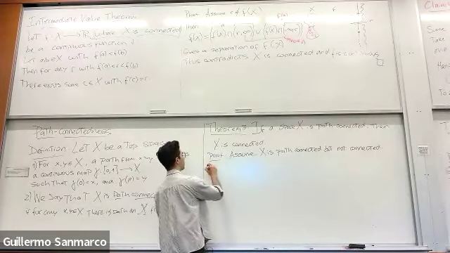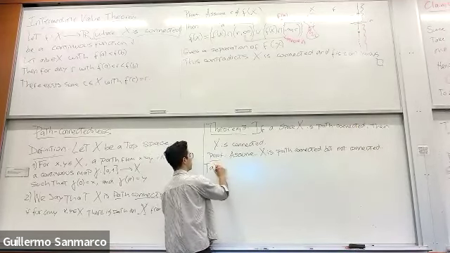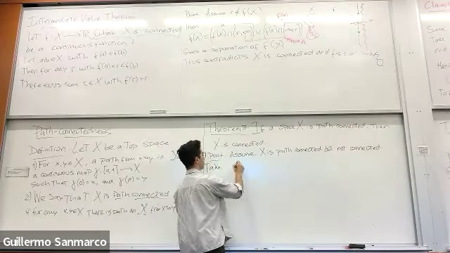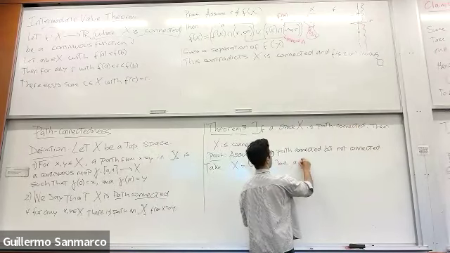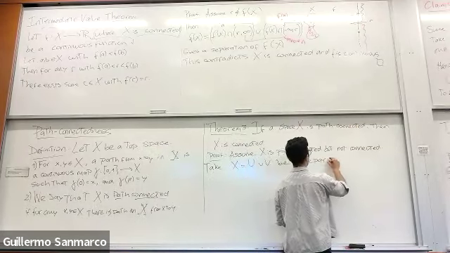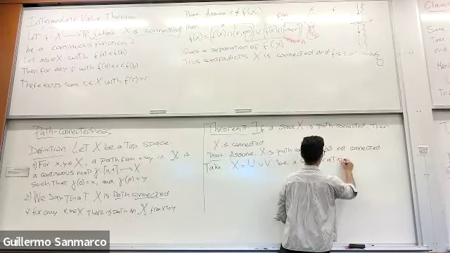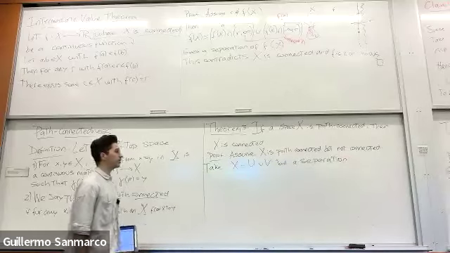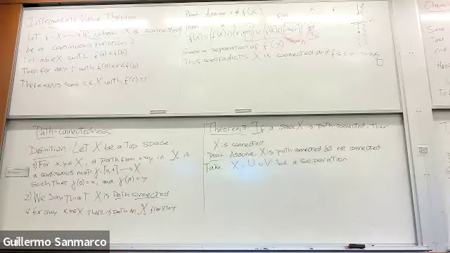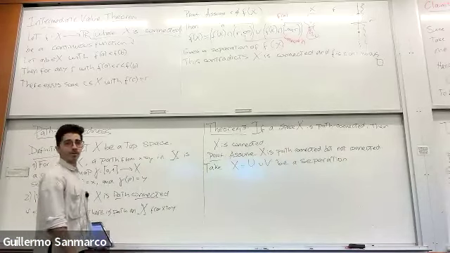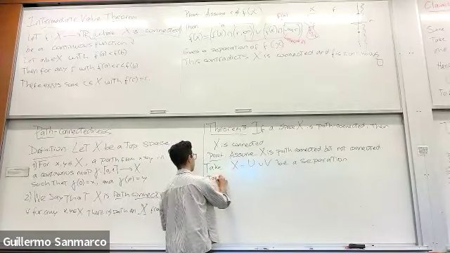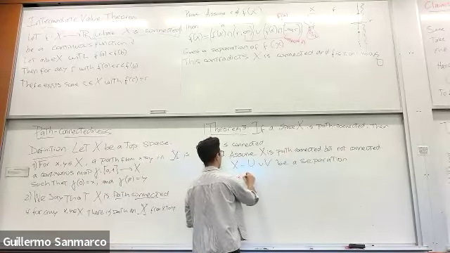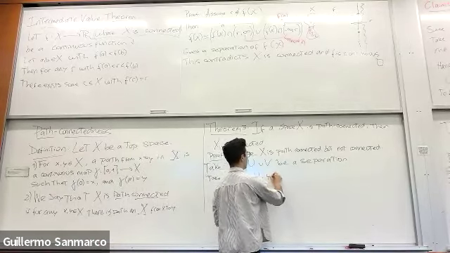So let's take a separation, which we know exists because X is not connected. That means U and V are open, trivial intersection, both of them non-empty. And let's take some x in U, y in V.